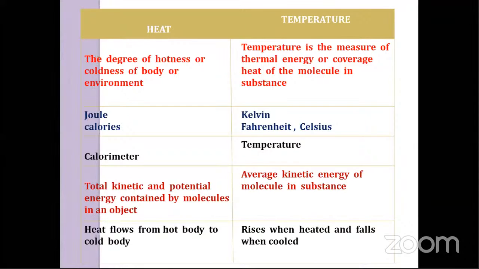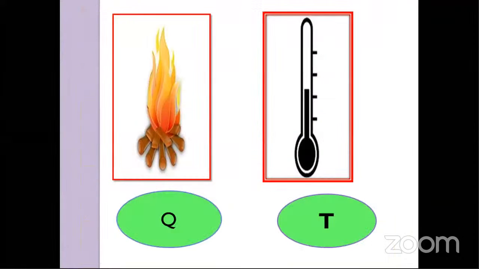The relations between heat and temperature are also here. So students, see here, heat is denoted by Q and temperature is denoted by T. Students, this is important for you because in the next lecture, while we solve examples on heat and temperature, it will be used.